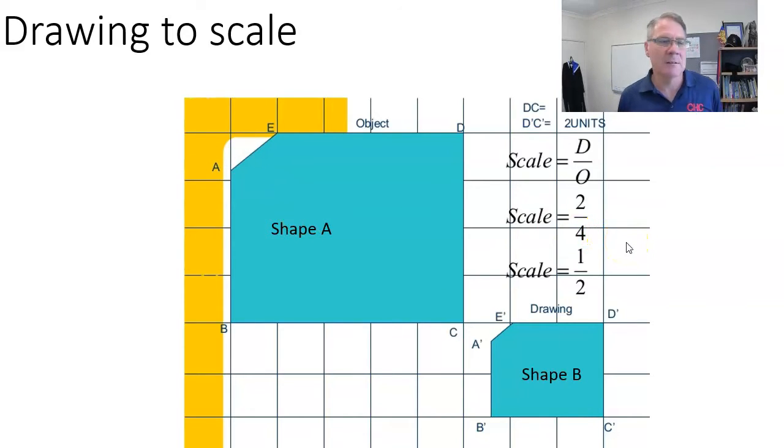So to work out a scale going forward or going backwards, we really have to look at the relative proportion. So let's take a point here. So I'm going to choose the point B, and it's not a point, sorry, a line, B to C. So B to C in the large shape A is 1, 2, 3, 4, 5. B to C in the shape B, the smaller one, is 2.5.